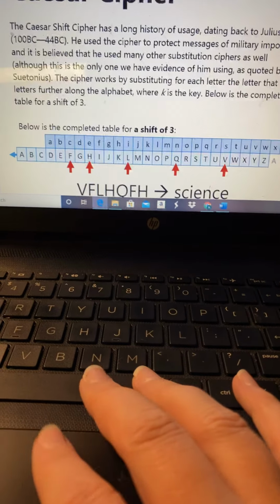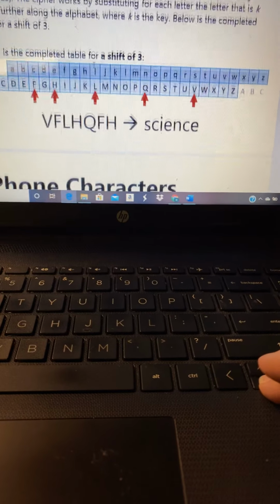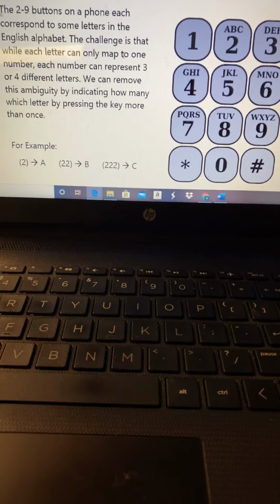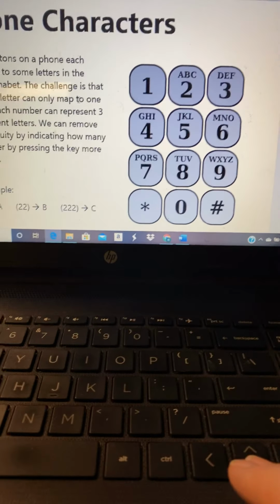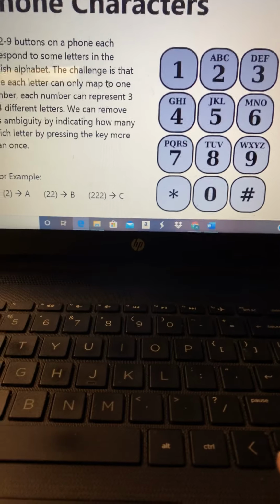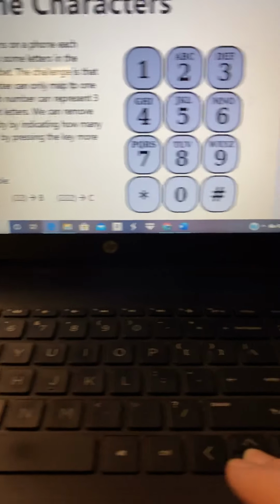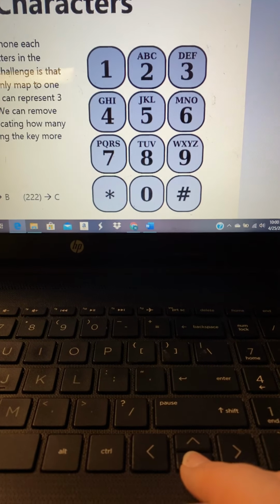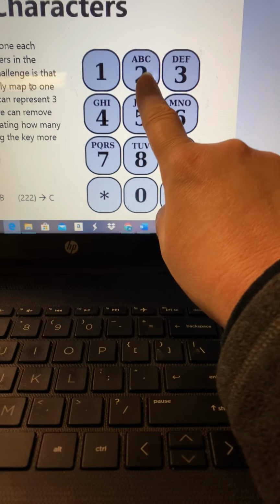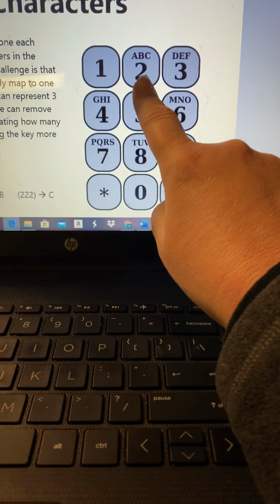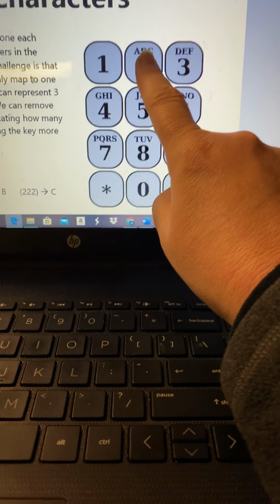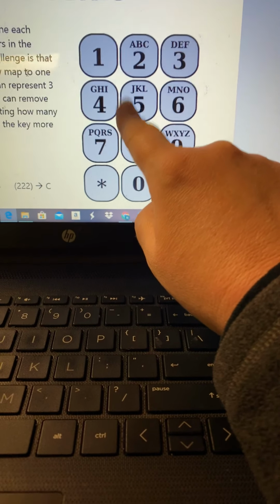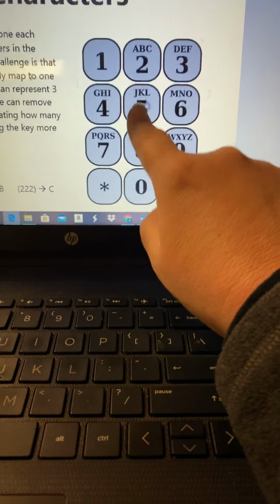Then the next one is the phone characters. Okay? This one's kind of my favorite. I don't know if you even know of phones that have that keypad. But back in the olden days, if you wanted to spell something on the phone, let's say Bill, for example, to get the B, you would have to hit the 2. Well, if you were texting, you would hit the 2 twice, the 4 3 times, and the 5 3 times, right, to spell Bill.